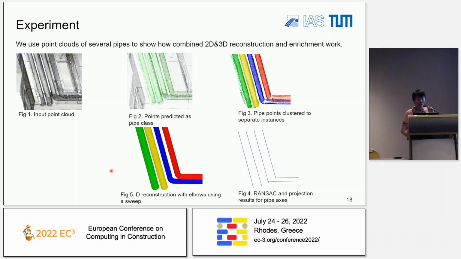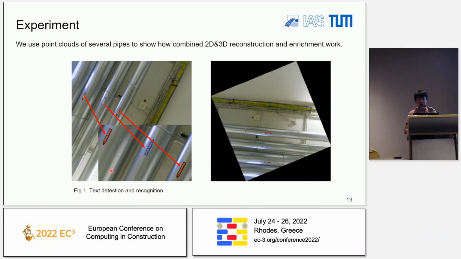So next, at last we map the information extracted from the 2D images to the 3D model. This mapping process is introduced before, which is, I would say, the main contribution of our paper. First enrichment is the text information enrichment.